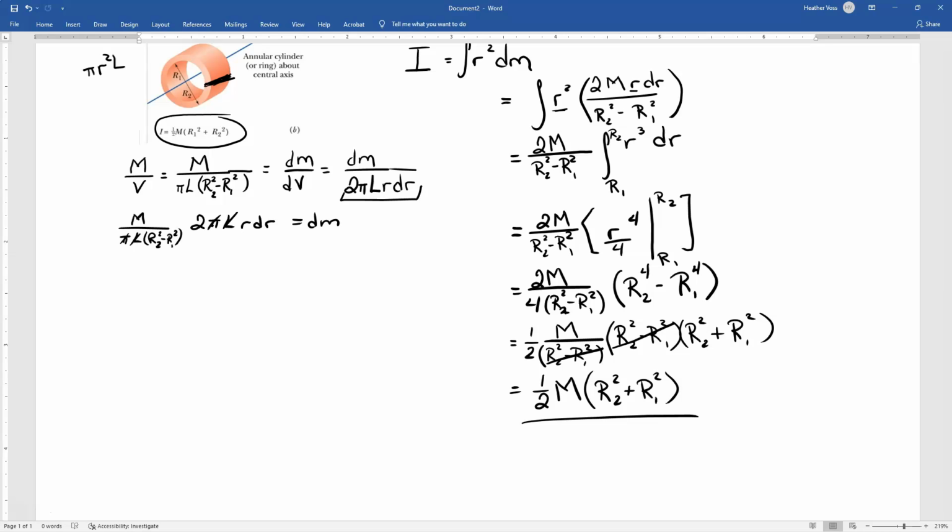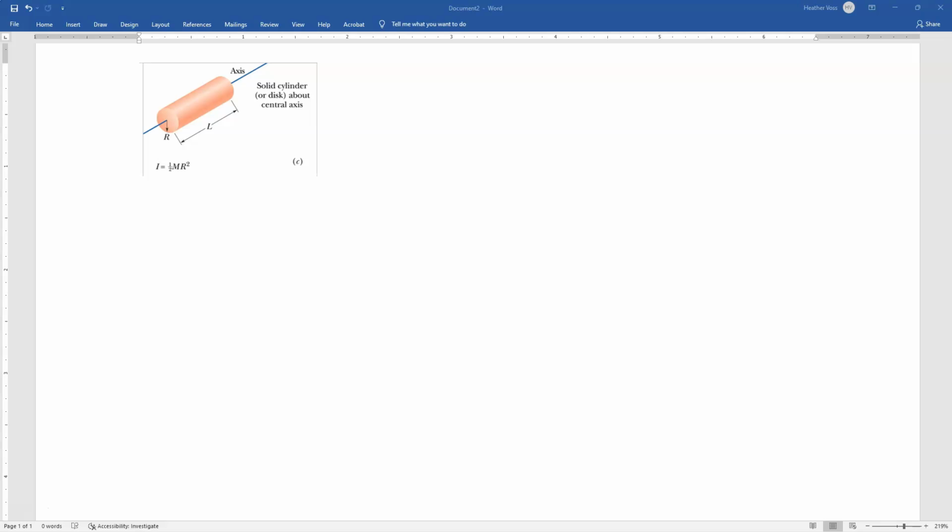So let's look at a disk. Let's clear this up and we'll look at a disk. So here we have a disk. We are again going to look at the integral of r squared dm. That's going to give us our moment of inertia. Now again, we're going to look at that mass per unit volume.